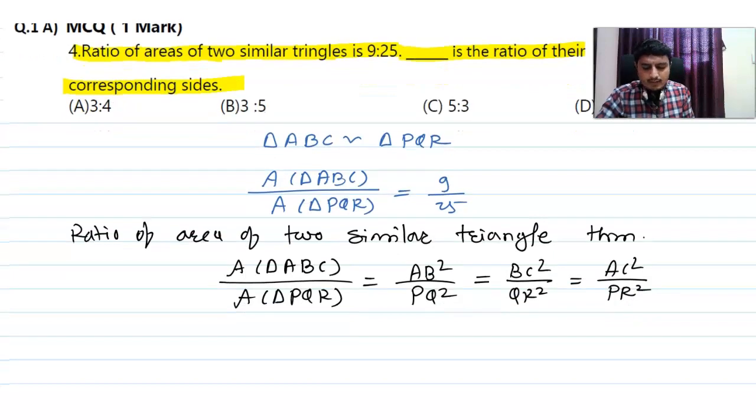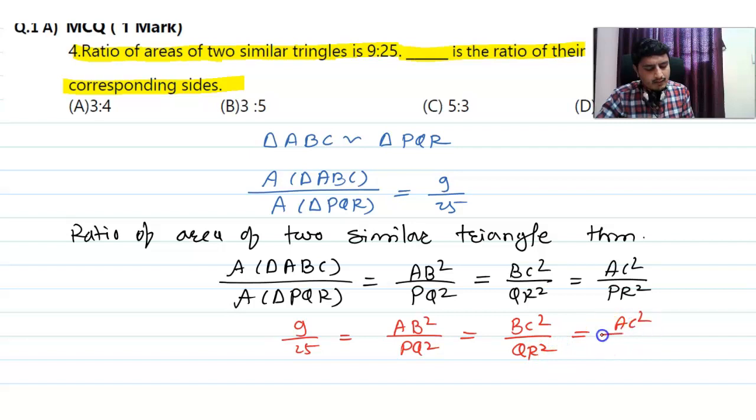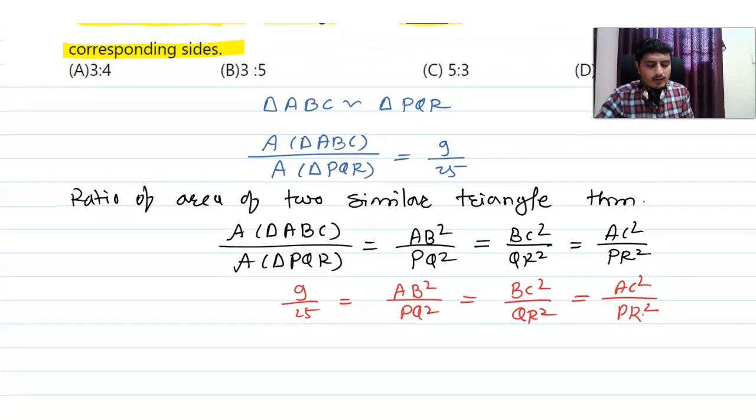So the given ratio of areas is 9 divided by 25, which equals AB square divided by PQ square, or BC square divided by QR square, or AC square divided by PR square. Now to evaluate the ratio of their corresponding sides, we have to take the square root on both sides to cancel out the squares.